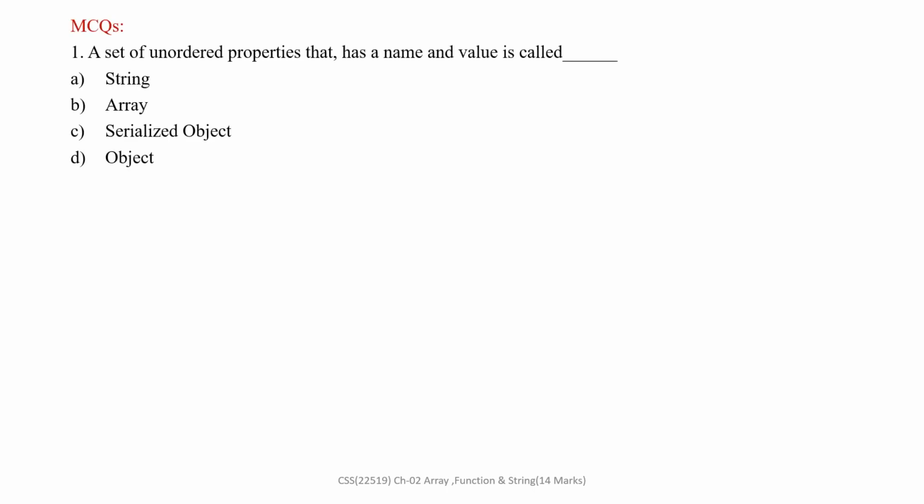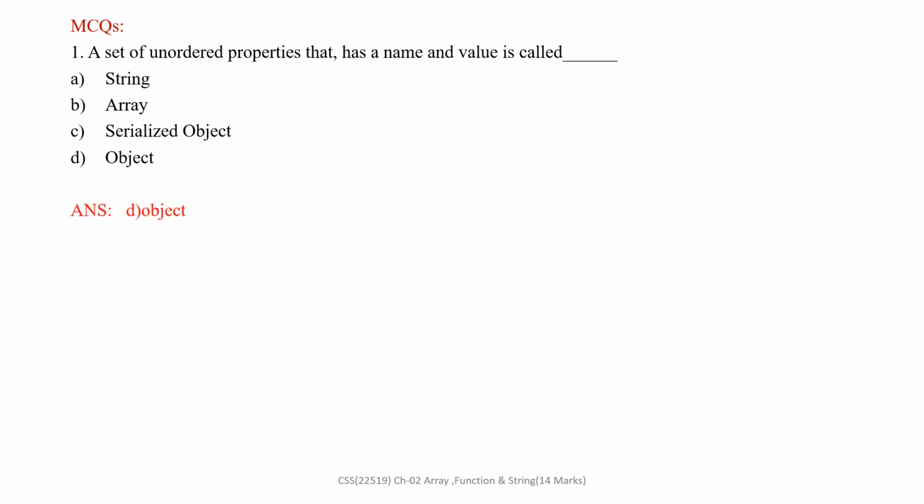Now we will see some MCQs on today's topic. First MCQ: a set of unordered properties that has a name and value is called dash. There are four options: string, array, serialized object and object.